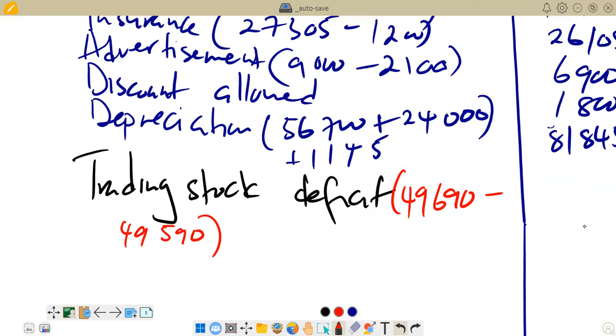Then we get 100 here, representing our deficit. So this is the last expense that we have.